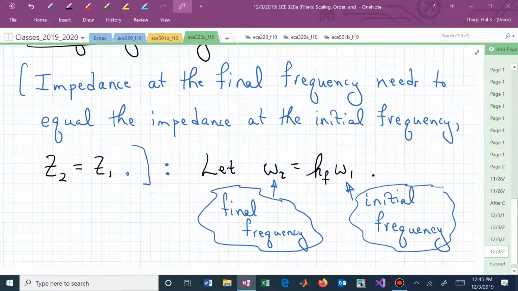And we'll relate these frequencies by this scaling factor of frequency, K sub f. So our final frequency, omega sub 2, that we want to achieve, let's say that's our new passband, maybe that's 2,000 radians per second. We now need to find what K sub f needs to be to make 1 turn into 2,000 radians per second.